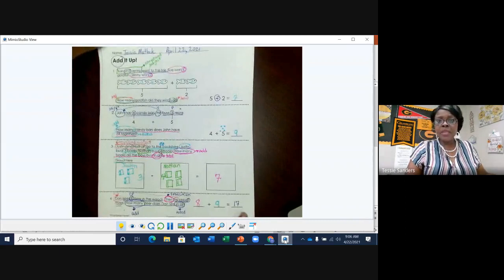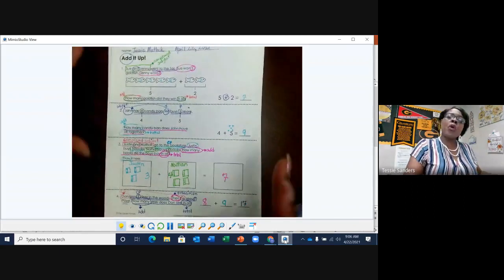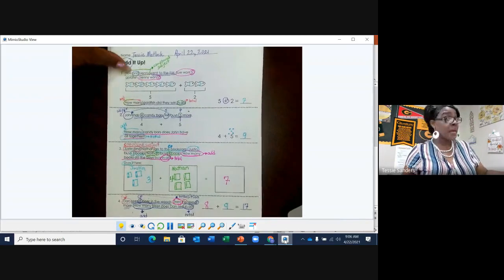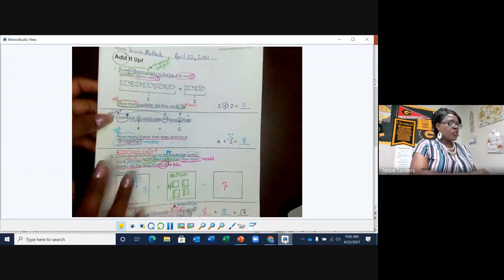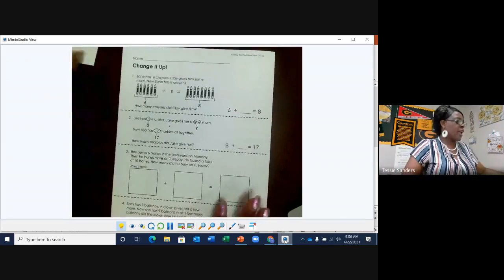Guess what? This is our lesson on word problems for today. Add it up. But the lesson comes with an exit ticket. Turn over on the back of your document, or your professor may have made 2 copies, meaning you have 2 sheets.